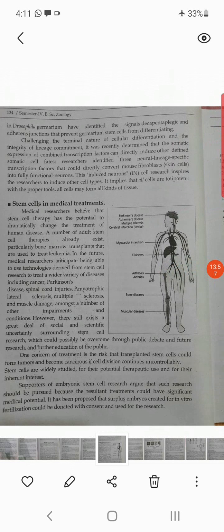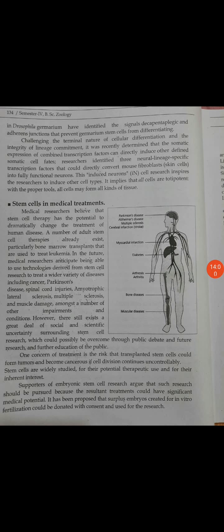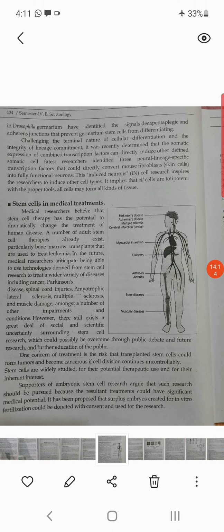Now, however, there still exists a great deal of social and scientific uncertainty surrounding stem cell research. So actually, this is not so easy. One concern of treatment is the risk that transplanted stem cells could form tumors and become cancerous if the division continues uncontrollably. For example, in blood cancer, the bone marrow cells are producing the blood cancer cells.